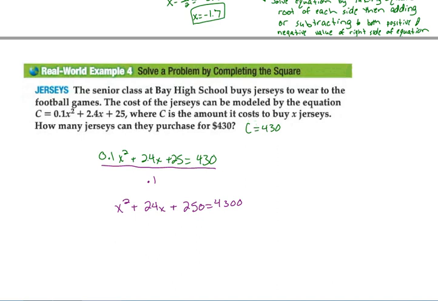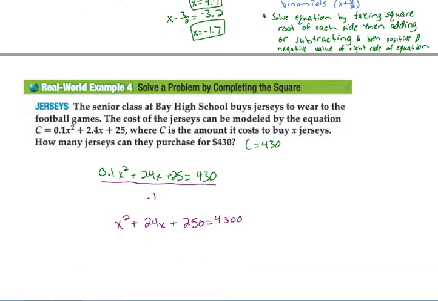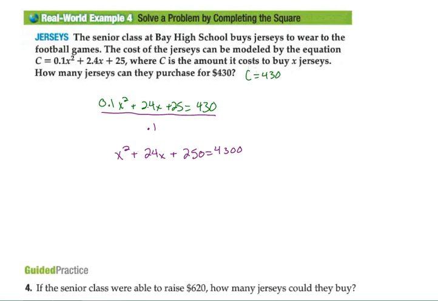So step 1 is done. Step 2 says we're supposed to get our x values alone by subtracting this 250 over. So we end up with x squared plus 24x equals 4,050.